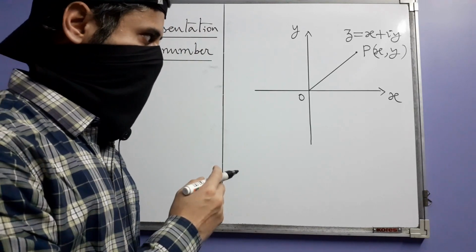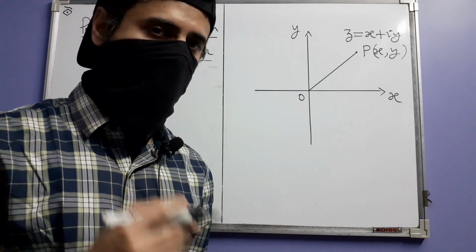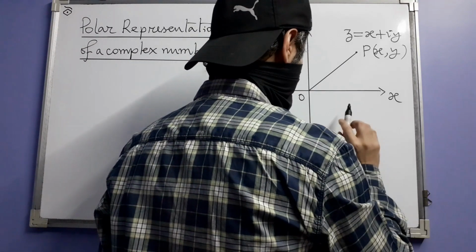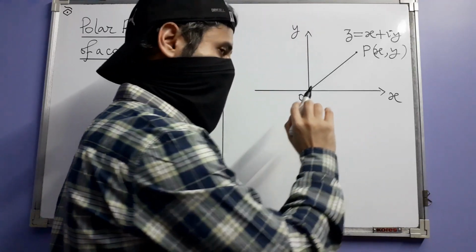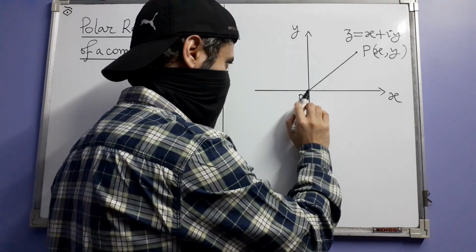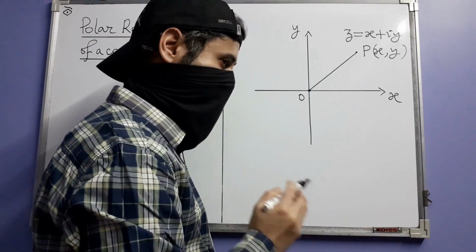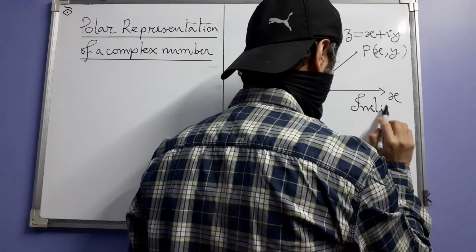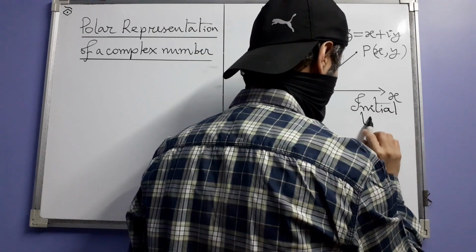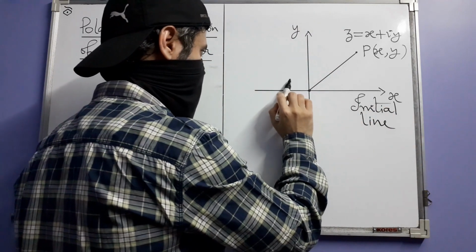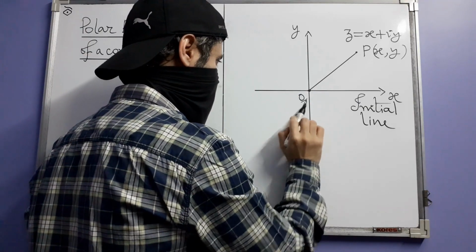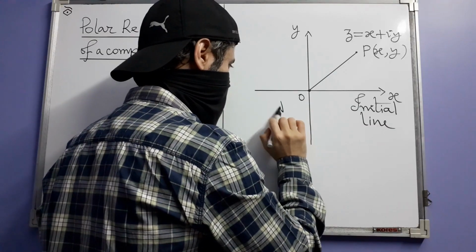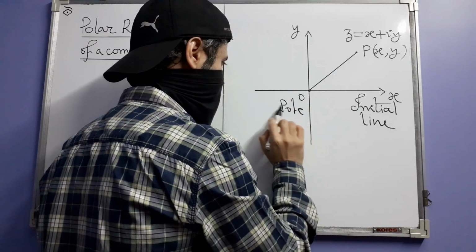Well, for that, first of all, we are going to need an initial line and a pole. We make the positive x-axis, or rather the non-negative x-axis, because this origin is going to be included, as our initial line. And this origin of the Cartesian coordinate system will be our pole.